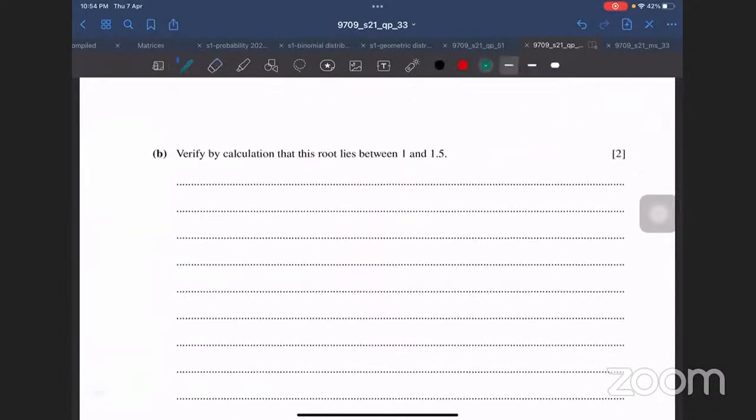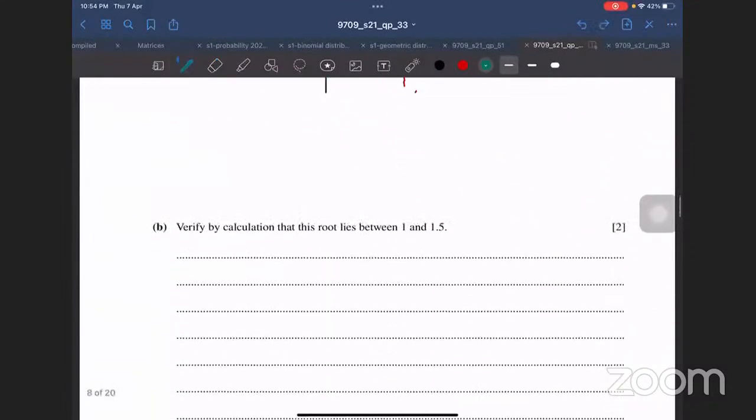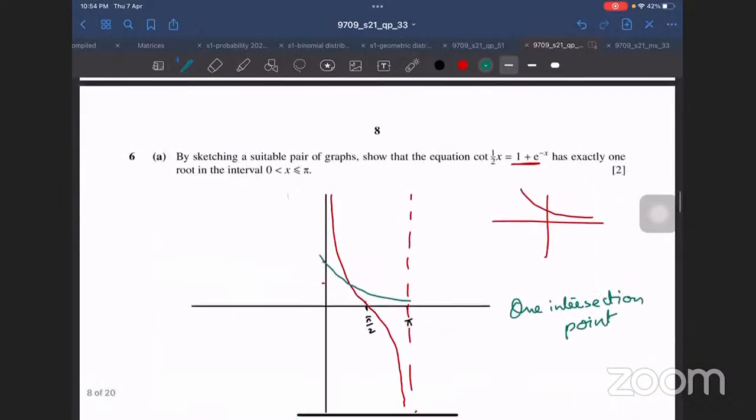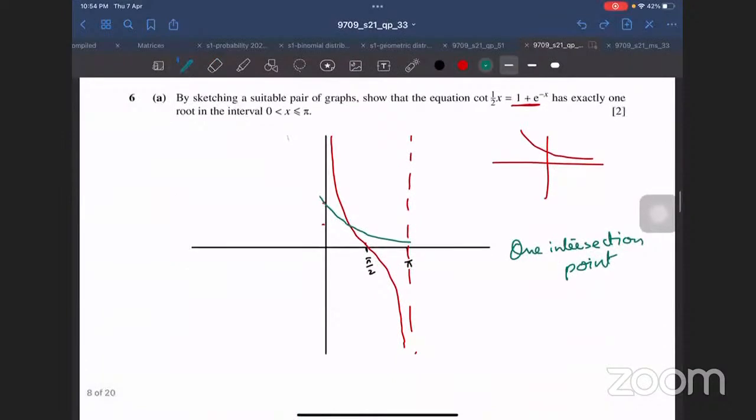Verify by calculation. Whenever this says this, what you need to do is gather your equation on one side first and create a function. So my function is going to be cot. Okay, my bad. Sorry, I didn't see that this was half x. So this graph will look different. Sorry, I didn't realize that earlier. This graph is going to look like that.